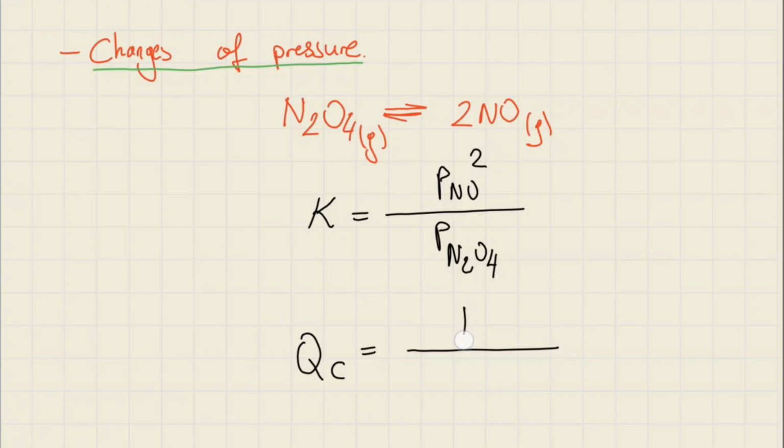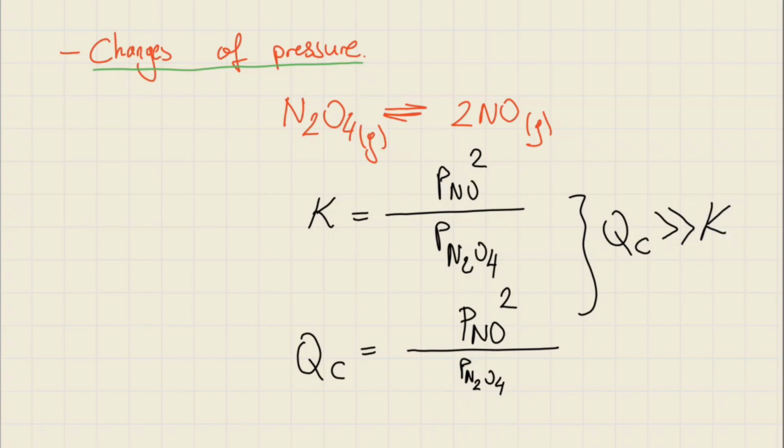In this case, the NO2 partial pressure increases more, so Qc becomes bigger than the equilibrium constant. Since NO2 has a square dependence, its partial pressure increases more, and the system sets the new equilibrium by shifting to the left. So if we increase the pressure, the reaction will go to the reactant side.